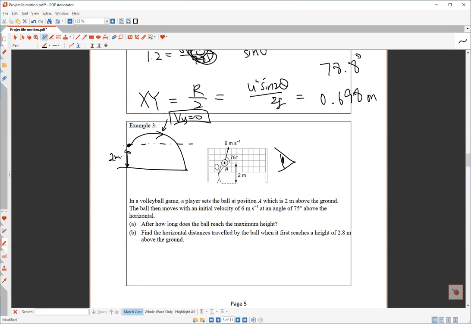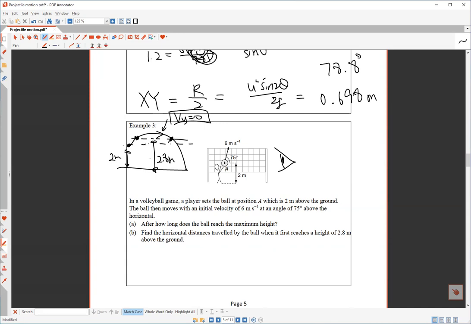So this is 2 meters, and I think the maximum height should be larger than 2.8. So do you see why it says first reaches the height 2.8 meters? Because there are 2 points that reach the height 2.8 meters. So we are finding this point or this point. Then you try to solve it.